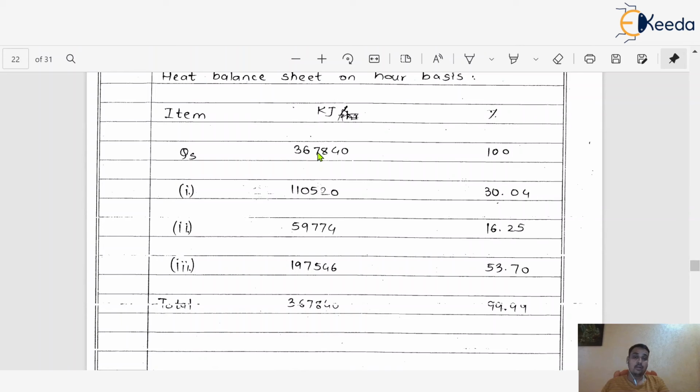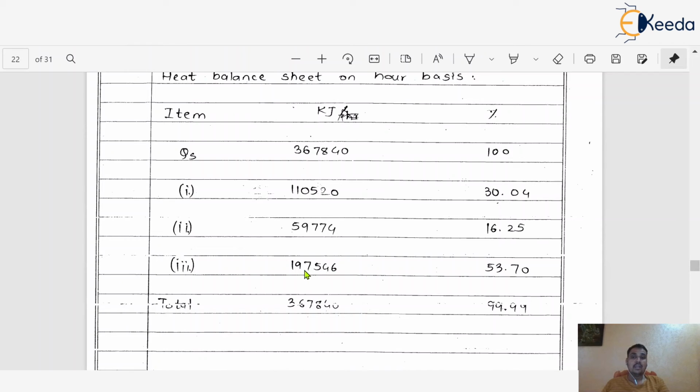Similarly, 59774 is nothing but 16.25% of that total heat. Similarly, 197546 is 53.70% of total heat.